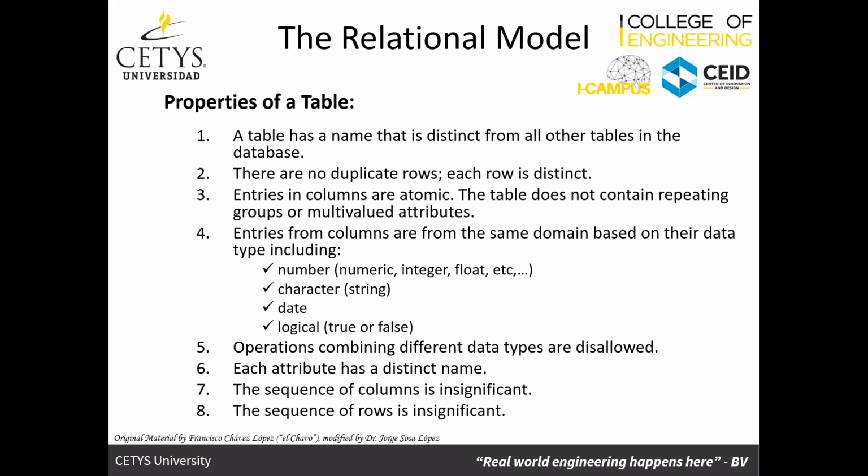The entries in the columns are atomic, meaning that whatever we put into a record in a specific field or attribute should be indivisible. That's the only unit we're going to be using or putting with regards to data there. Entries in the column have to be of the same domain and data type.